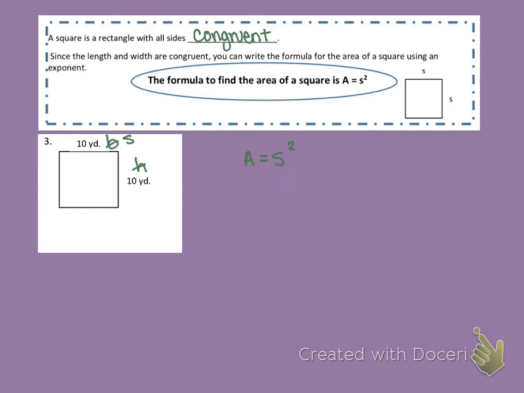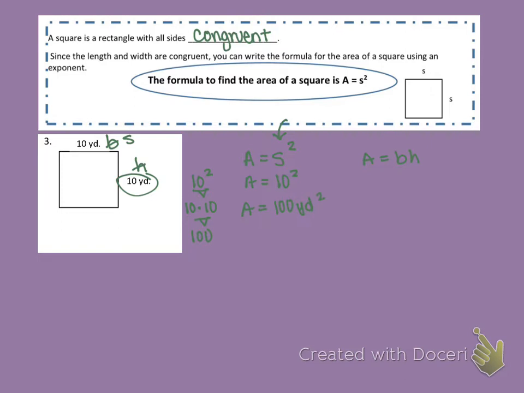Will you get the same answer? Absolutely. And I'm going to show you. But again, this formula is used so much in 8th grade that we want to make sure that we use S squared for squares. So area equals, the side length is 10 squared. And area equals, what does it mean to be 10 squared? It means 10 times 10, which is 100.